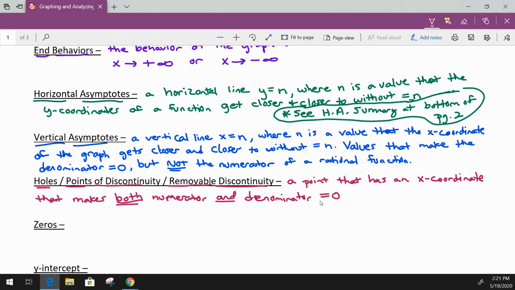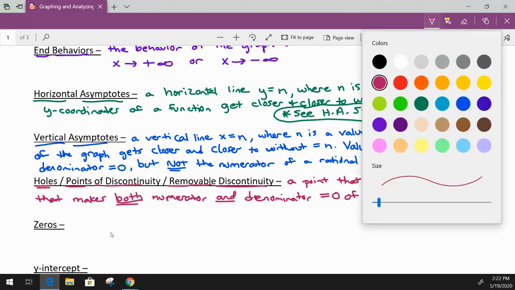Basically, there's a common factor in the numerator and denominator that contains an x. If that happens, then there will be a hole at that point. Again, this is for a rational function. Everything I'm talking about today applies to rational functions.